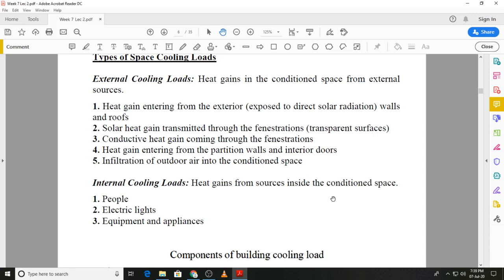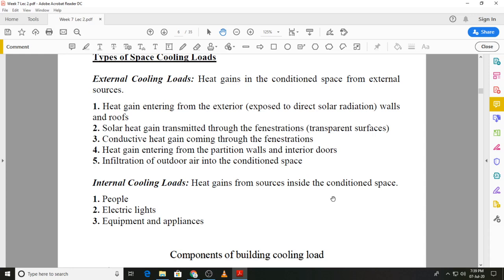Electric lights will cause a sensible load, and equipment and appliances can have a sensible load, and in some cases a sensible as well as latent load. For example, if you have a steam generating machine, that will cause both a sensible and latent load.